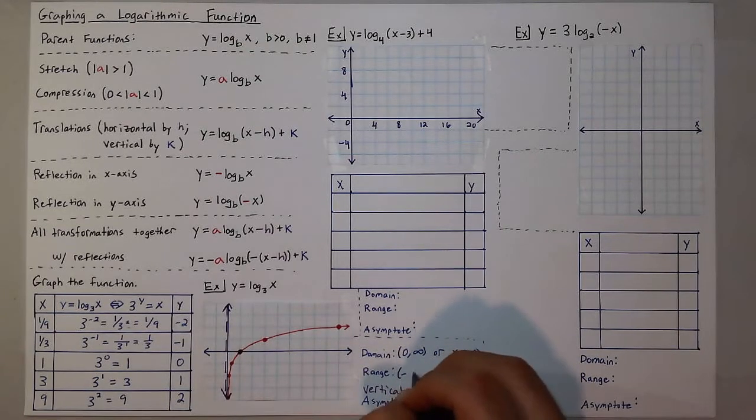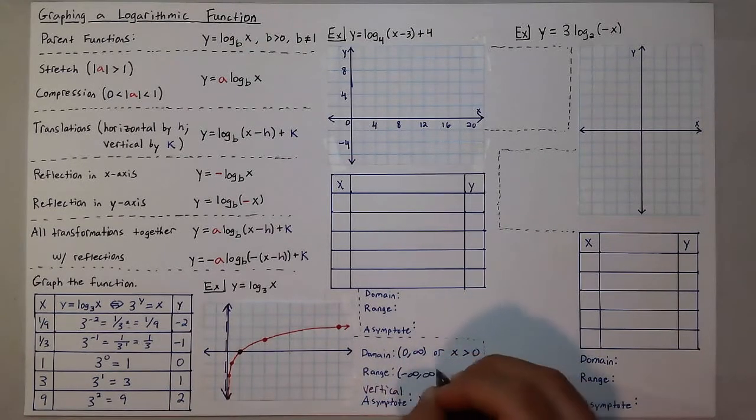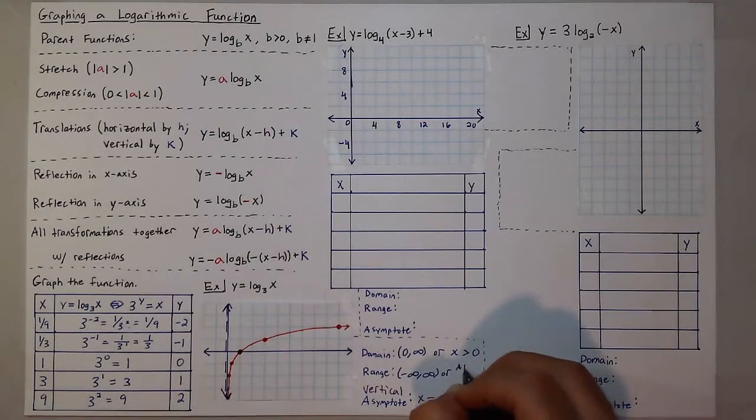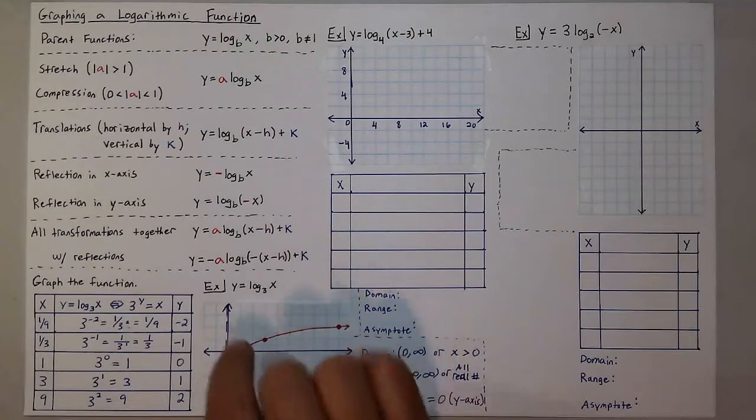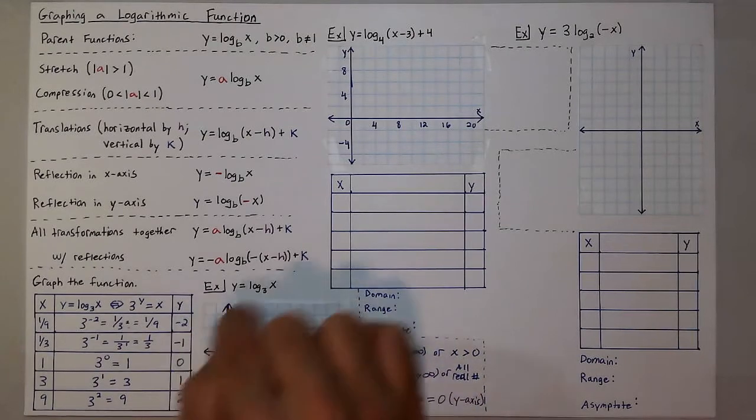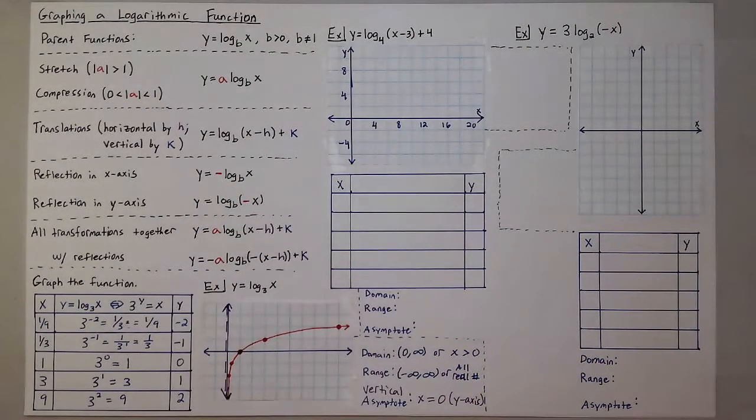So the range is -infinity to infinity or all real numbers. So it looked like the domain and range switch, which is the key notion of an inverse function. So you'll notice that logarithms are inverses to exponential functions. You can kind of see it in the graph as well.